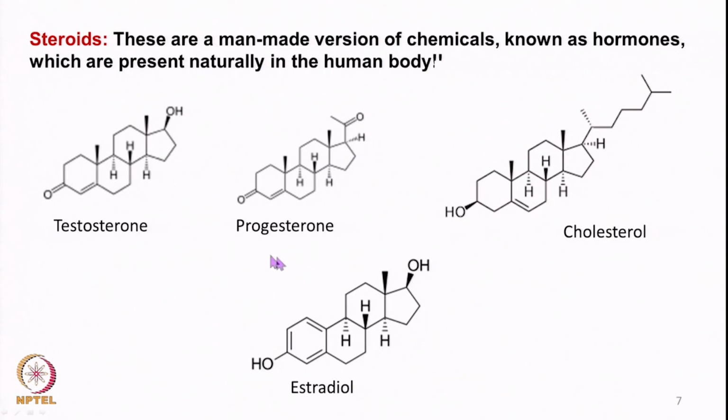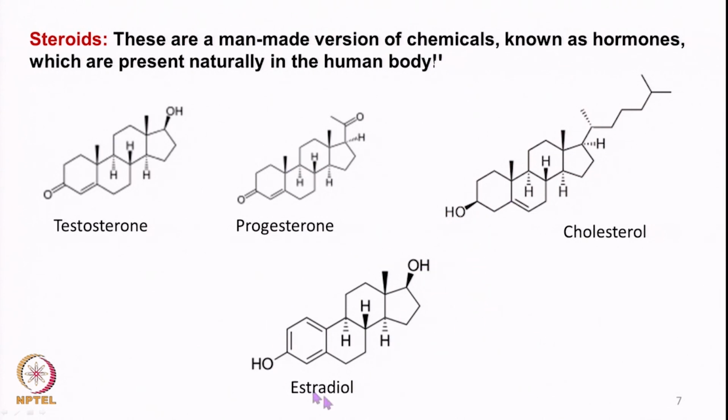Then we have this progesterone, which is a female sex hormone. Then we have cholesterol, which is structurally quite similar, as you can see, and we know that cholesterol is bad for health if it is in large quantity, but is required for the body because then these hormones are actually biosynthesized.